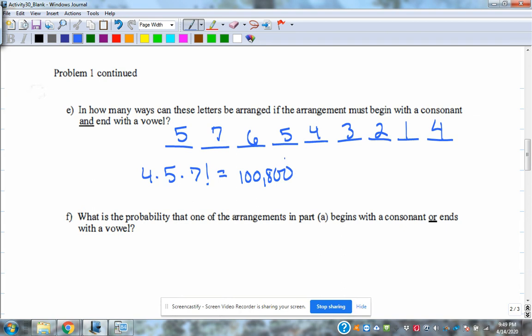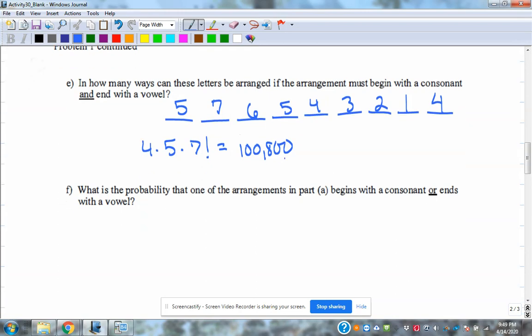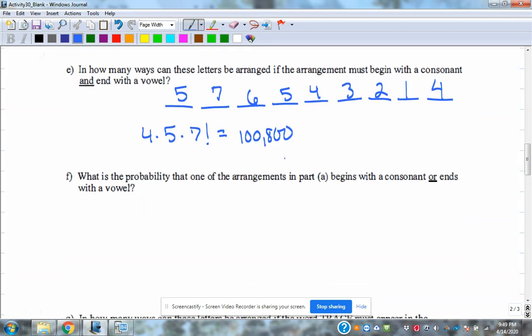And then, what is the probability that one of the arrangements in part A begins with a consonant or ends with a vowel? Again, we're going to be over our original number of ways, which was 362,880 possible ways.